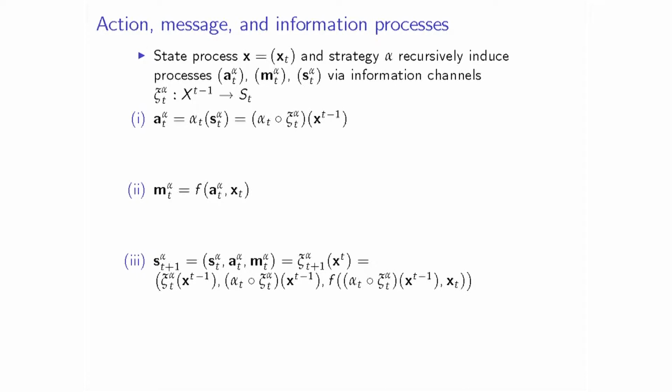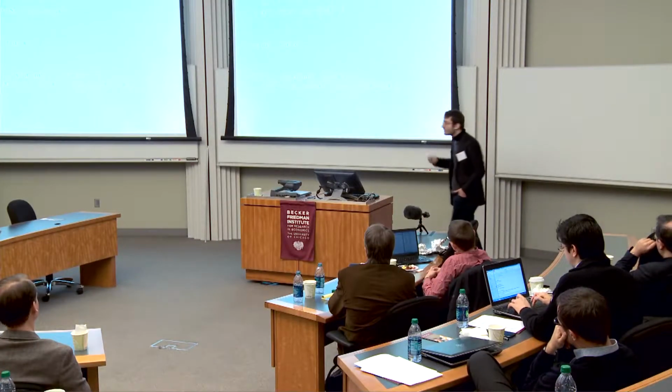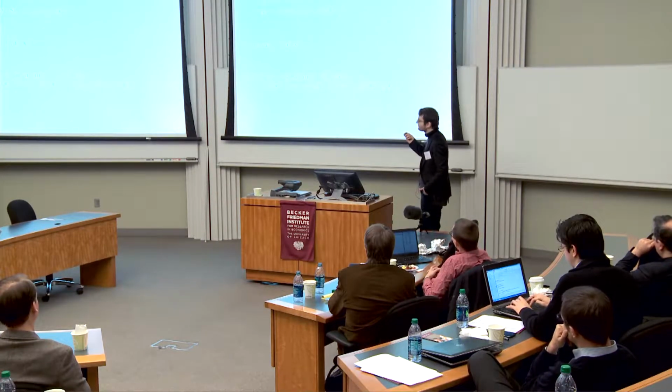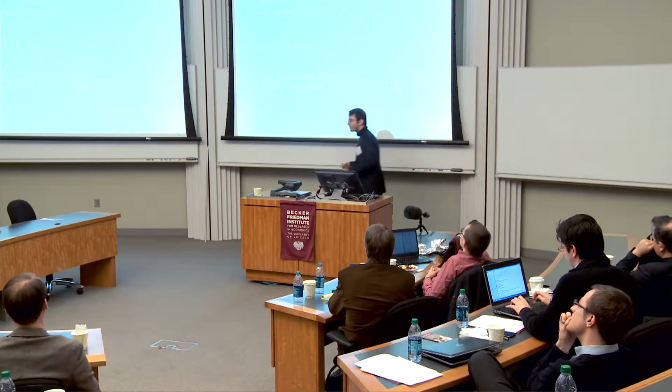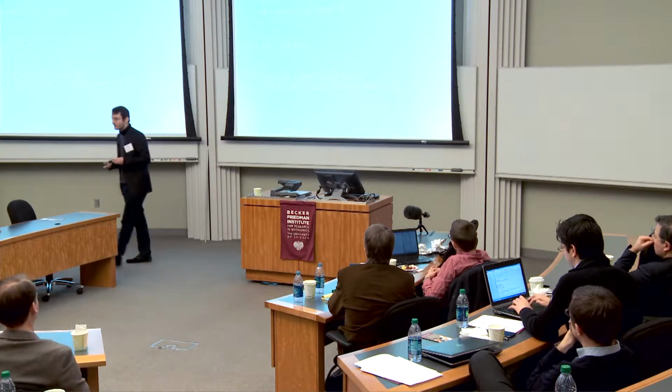Remember, just 1 point, no data. Then Xi alpha 2 will basically associate to each state that realizes in 1, the state that realized, the message that realized, and the action that was taken. Okay? And then, recursively, you can define these information channels that, again, connect states to the information states the decision maker receives.